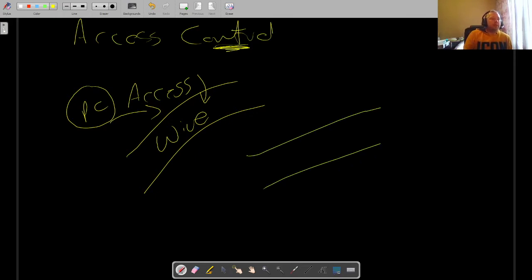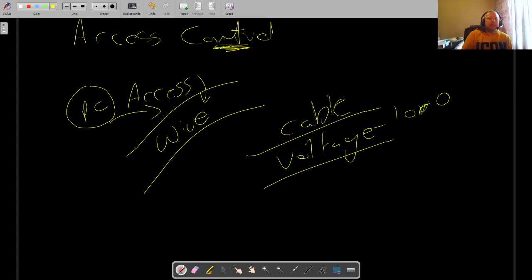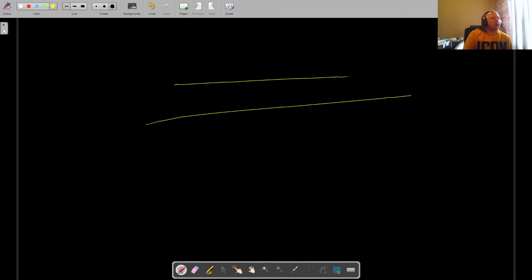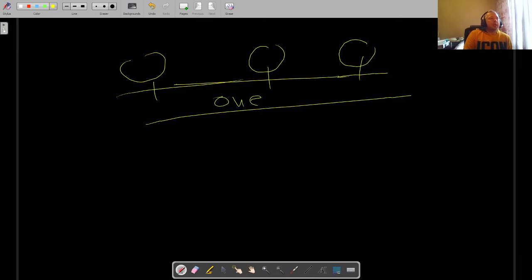Remember, we have a cable, and we've learned that this cable will carry a voltage. This voltage will represent either a 1 or a 0. Now, if I have a big cable and I've got multiple devices connected to that cable, this cable can only carry one signal at a time. Because again, think of this in a logical way.